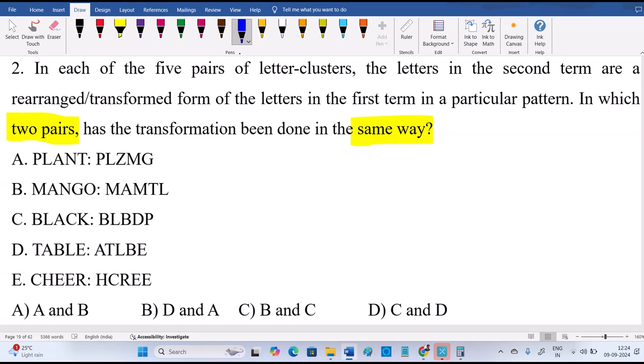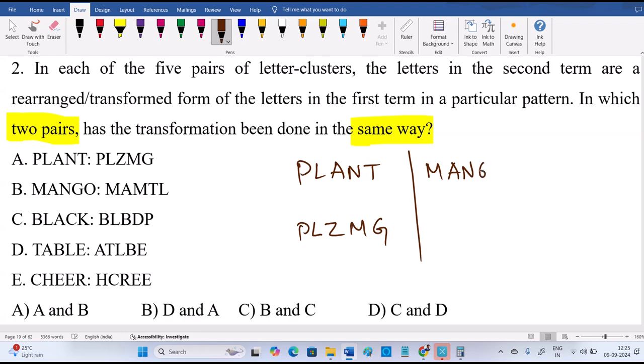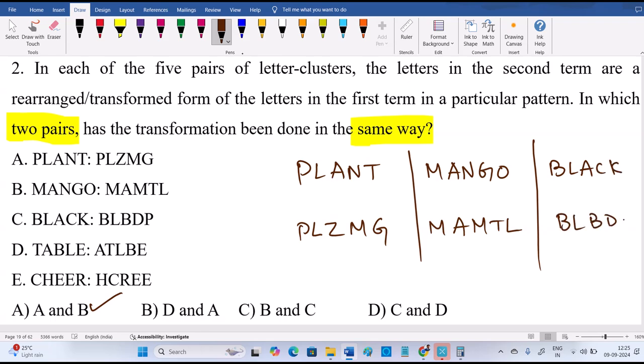First two letters they kept the same in both. Plant, here PL. ZMG, okay, we'll work on it. Whereas mango, MANTL, it seems A and B is correct. For black, BLBDP, no, this is no. Okay, so what is this? The first two letters are the same.